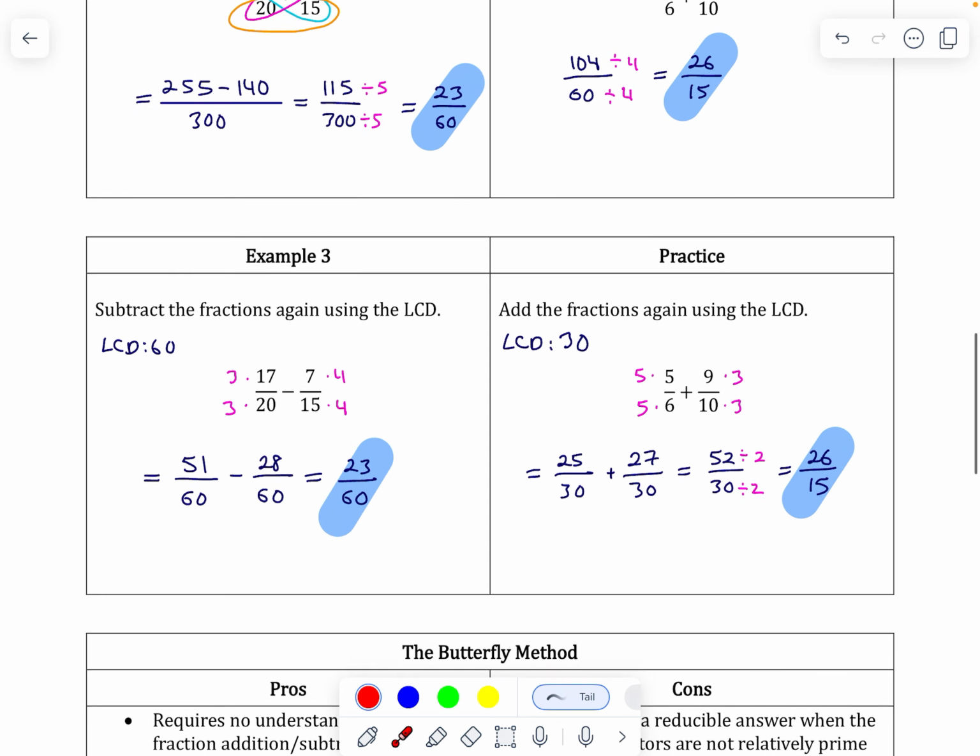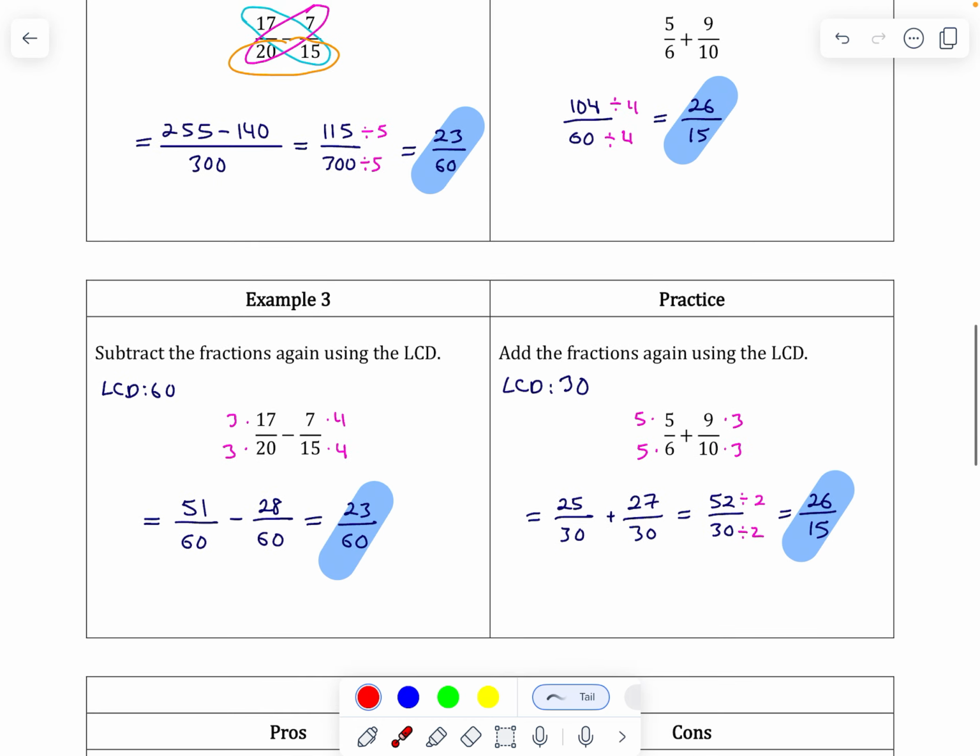However, if you use an LCD, you may end up not having to reduce at all, but if you do, you won't have to reduce by as much. So, yes, it takes a little bit more thinking up front because you have to find the LCD. However, it saves you reduction in the end.